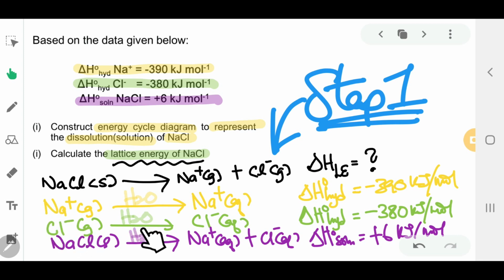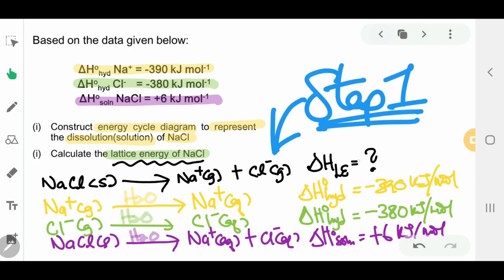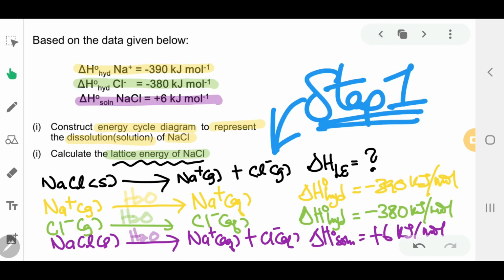The purple bits over there, I have written that down here. Therefore, the energy for that is positive 6. So you're going to put, this is positive 6 kilojoule per mole. And when you look at this, gas to aqueous, it resembles what you have there, gas to aqueous.